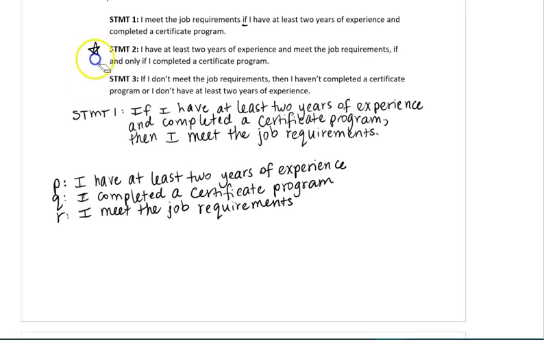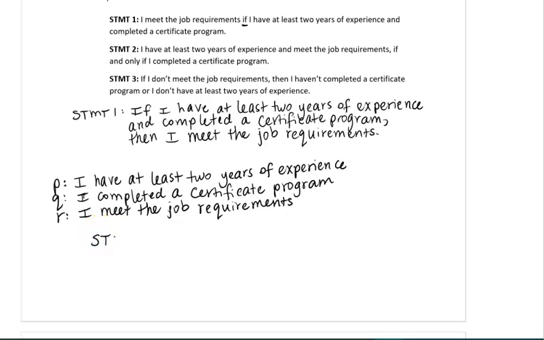Again, this was mentioned in a different video, but we could use different letters. It doesn't have to be P, Q, and R. And also, it doesn't matter which letter represents which statement. So we could set this up however we want, but then we just have to be consistent when we carry it through. So this is how I've opted to set this up. But again, there's more than one right way to do this.